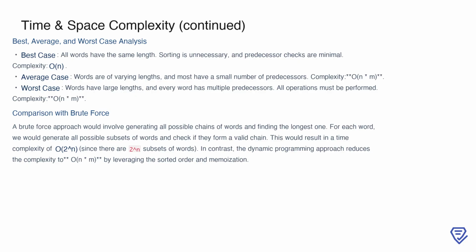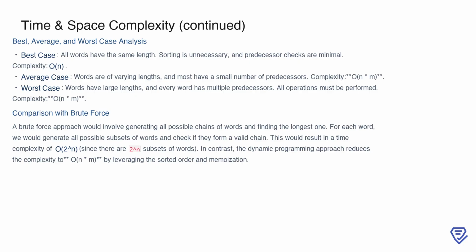Here, the complexity is O(n*m). In the worst case, words have large lengths, and every word has multiple predecessors, requiring all operations to be performed. This also leads to a complexity of O(n*m). Compared to a brute force approach, which would involve generating all possible chains and checking their validity, the dynamic programming solution is far more efficient.